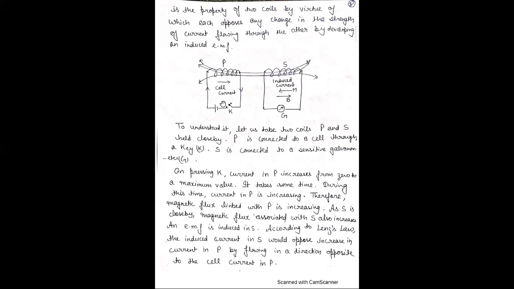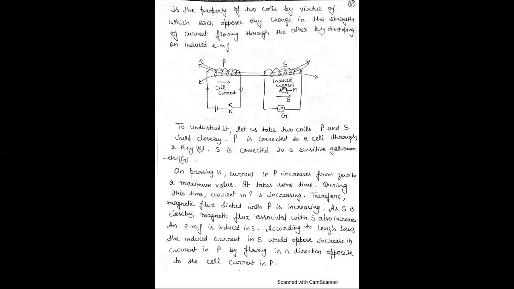It takes some time. In this time, the current in P is increasing. Therefore, because current is directly proportional to magnetic flux, the magnetic flux linked with the first coil P is also increasing.